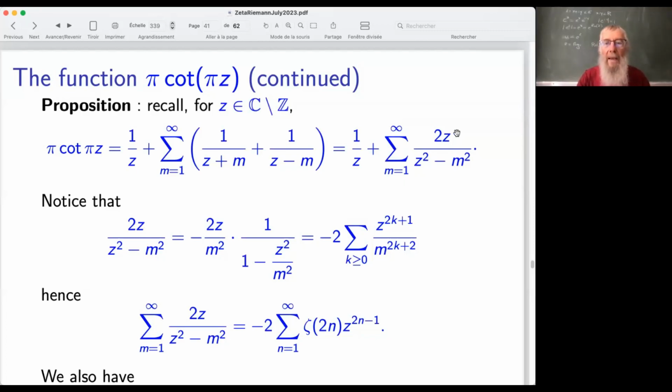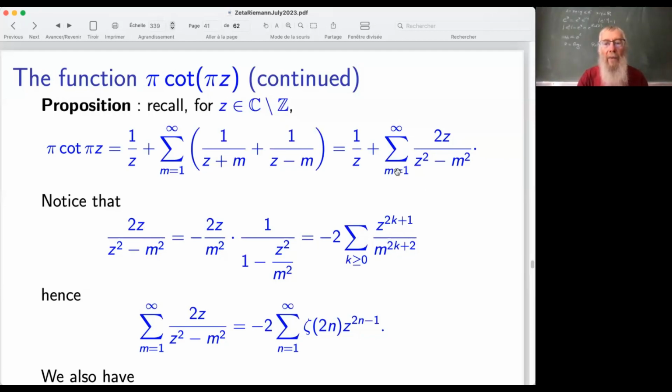And now we expand the sum which is on the right-hand side. We have 2z over z squared minus m squared. We want to use again the geometric series. So we want to expand 1 over 1 minus z squared over m squared. So we have a coefficient here, which is 2z over m squared. And when we expand that, we have the sum of z to the 2k plus 1 over m to the 2k plus 2.